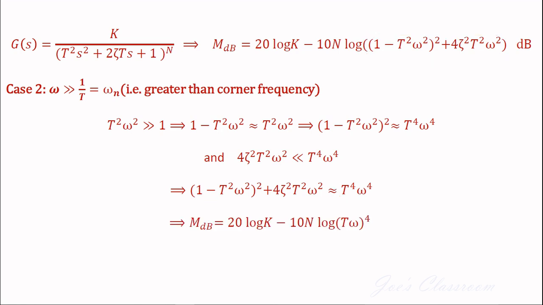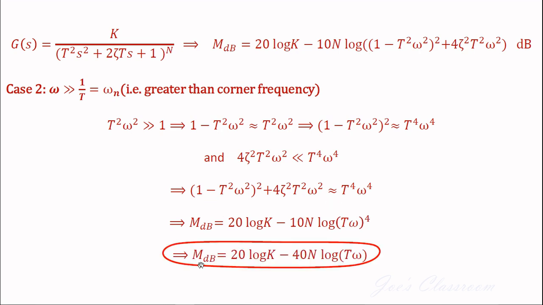Let me write taking only that term here: t omega, the whole power 4. This 4 I can bring to the front. So this is going to be the expression of the straight line approximation, or the expression of the asymptote, beyond this corner frequency.